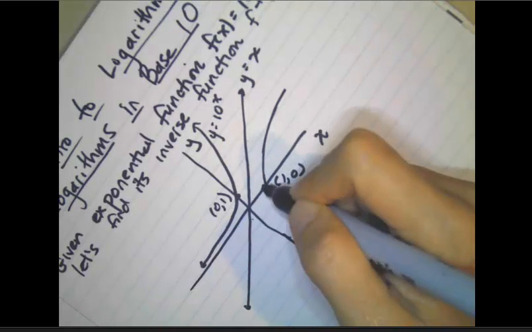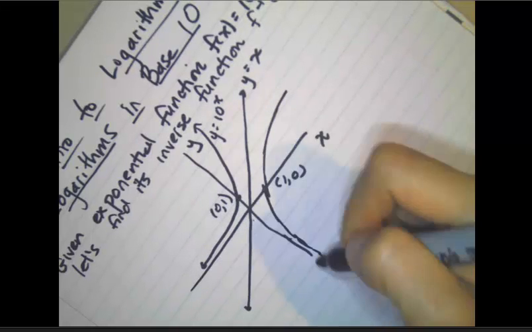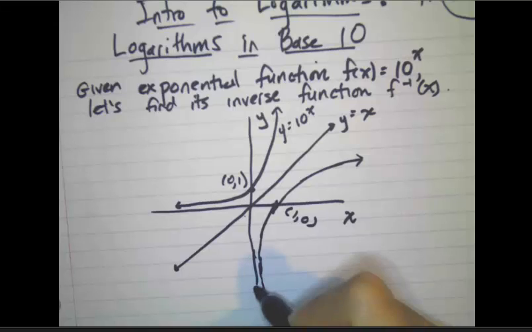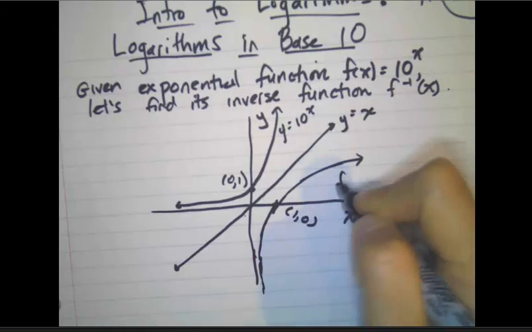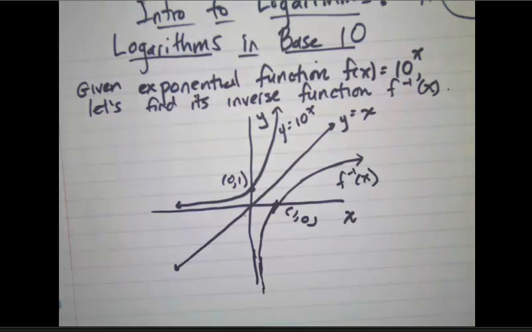And then notice that this graph never crosses the y-axis, so we have a vertical asymptote. So I'm going to flip it back. And here we have f inverse of x.